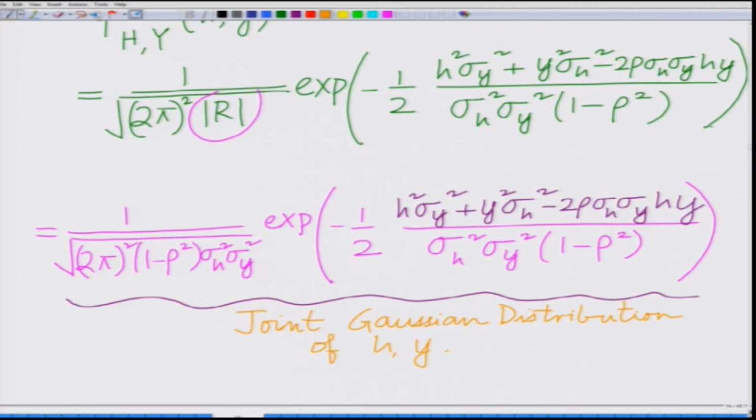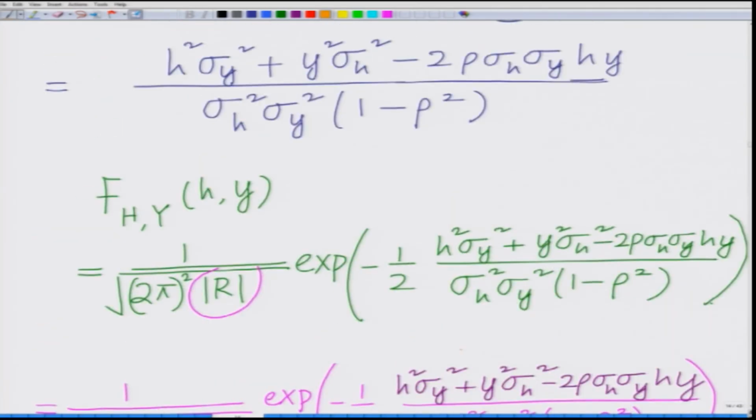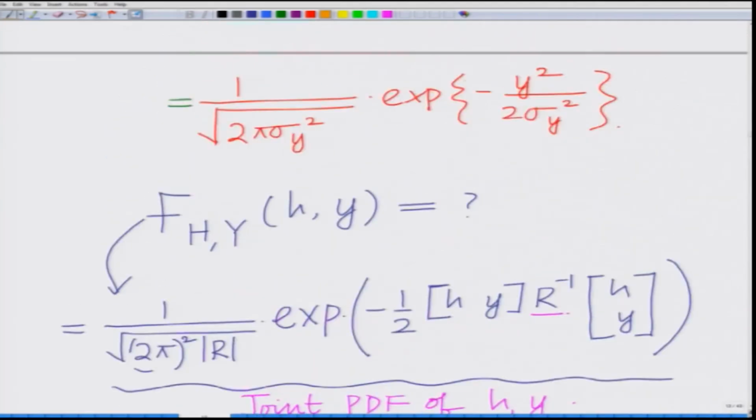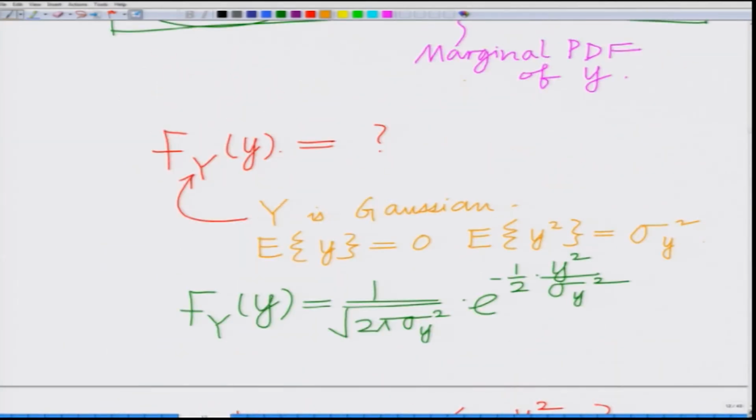Okay. Now, we have the joint distribution of h and y. So, we have two aspects: the joint distribution, and the marginal probability density function of the random variable y.